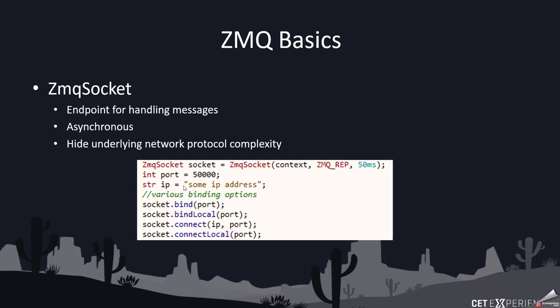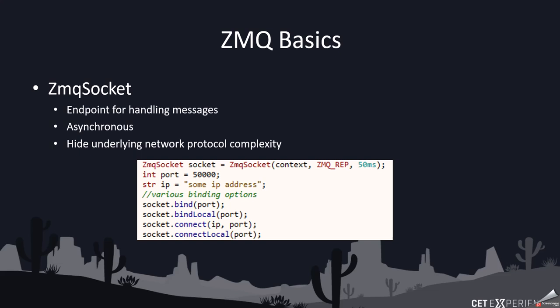So you have to specify a port that your socket's going to communicate on, and if you're not connecting to the same computer, then you have to specify an IP address. So you've got two different options for connecting to another application. There's bind and there's connect.